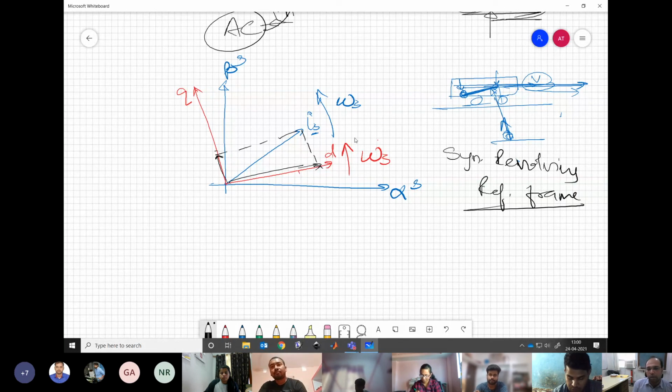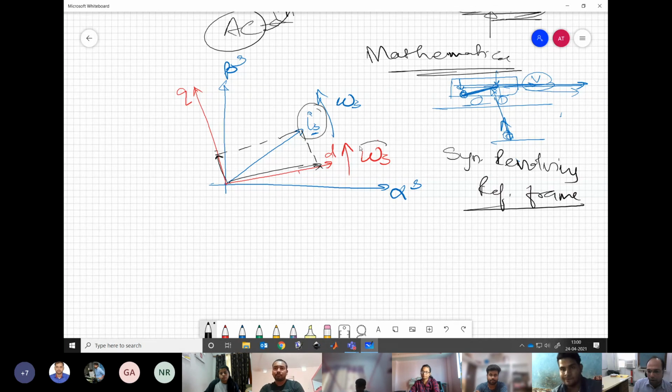What is the advantage? Now we are seeing, and it is only mathematical. Physically, we have not changed anything. It's only mathematically we are trying to understand what is there. So mathematically, we are defining this quantity in another reference frame, which is also moving at the same synchronous speed. So we are finding the components, let me call them D component and Q component, as DC quantities, which is the first requirement for our control.